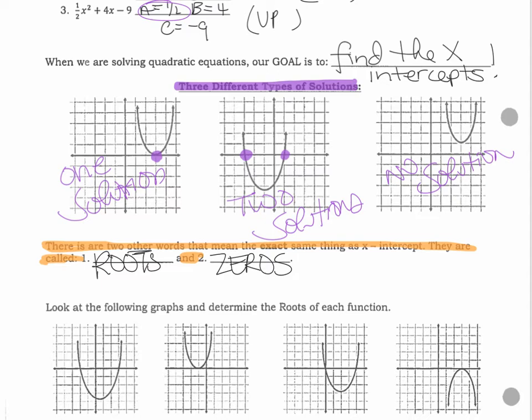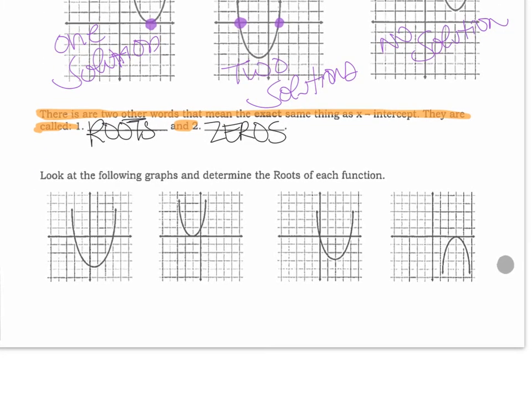X-intercepts is where your graph touches your x-axis. So let's take a look at these examples. Look at the following graphs and determine the roots of the following. Out of all of these words in the directions, what word means the most? Roots. When you hear the word roots, it means the exact same thing as x-intercept.